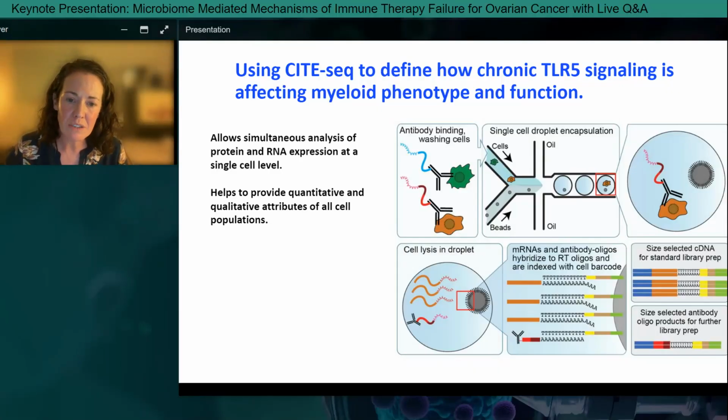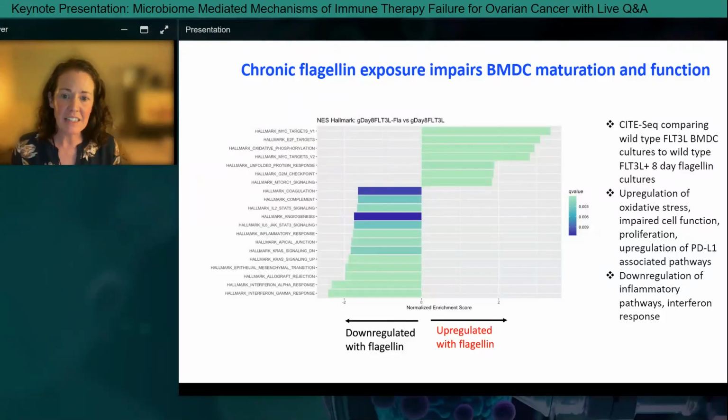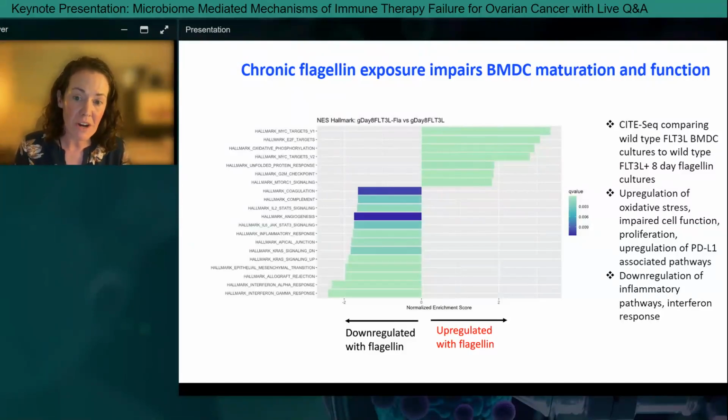And what we found was within the entire bulk cultures that were exposed during that expansion to chronic flagellin, there was this upregulation in pathways that tended to associate with a very metabolically stressed cell state, that associated with impaired function, and pathways that tended to be associated with upregulation of PD-L1.